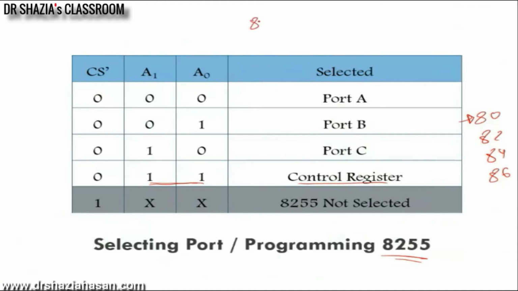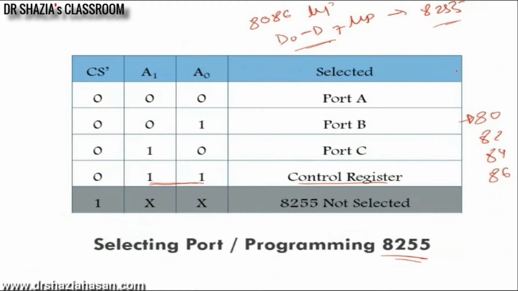Because I am going to use the 8086 processor, and let us assume I am connecting D0 to D7 of the microprocessor to 8255. When you are connecting D0 to D7 of the microprocessor, which addresses can we access?